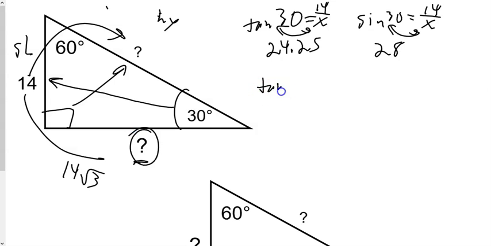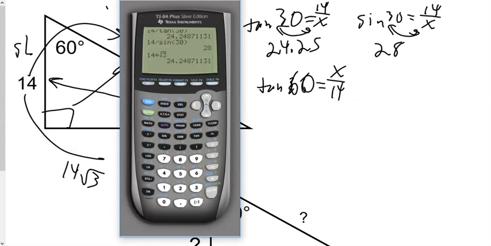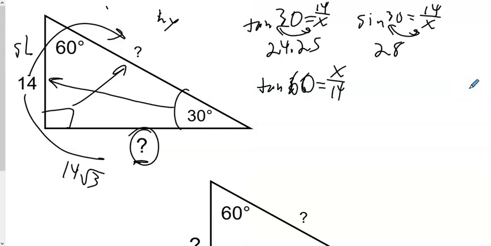So that would have been tangent of 60 degrees equals opposite over adjacent. And we multiply by 14. 14 times the tangent of 60. Look at that, 24.25.